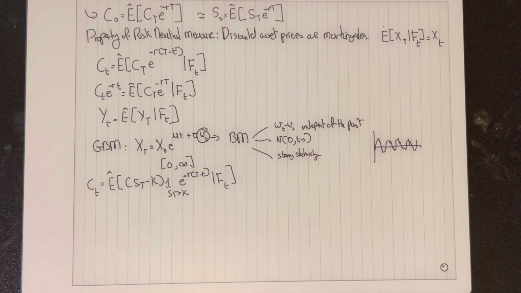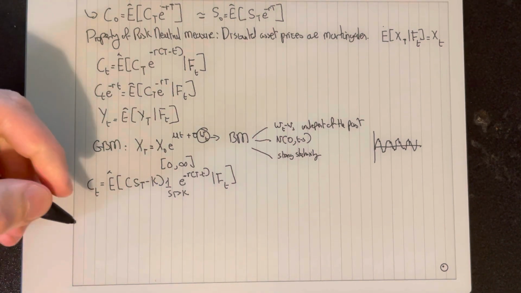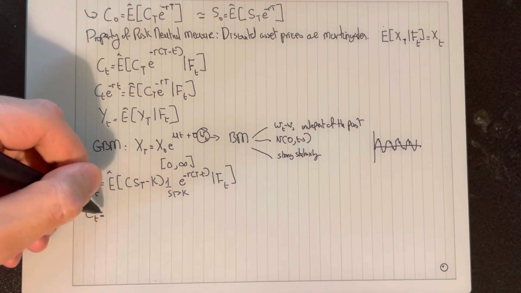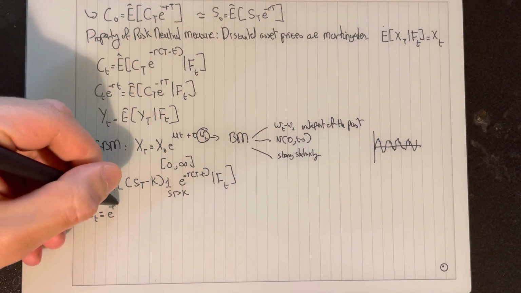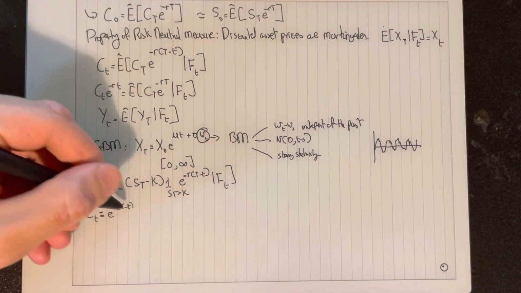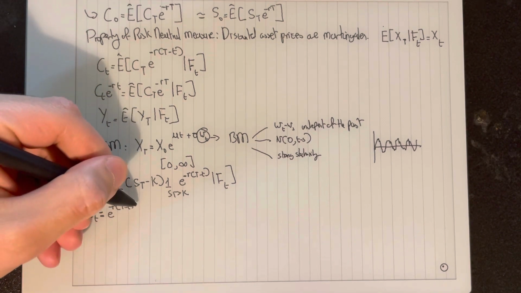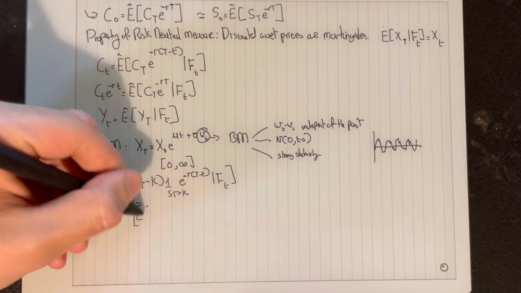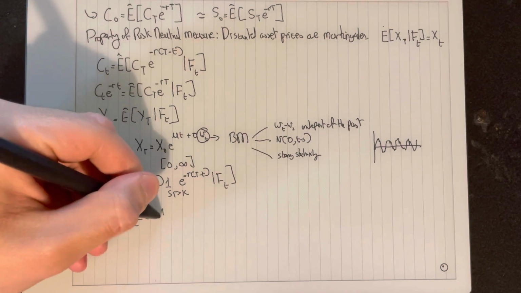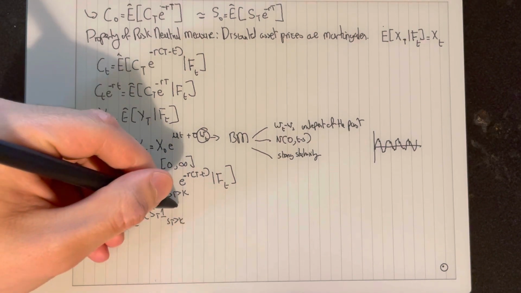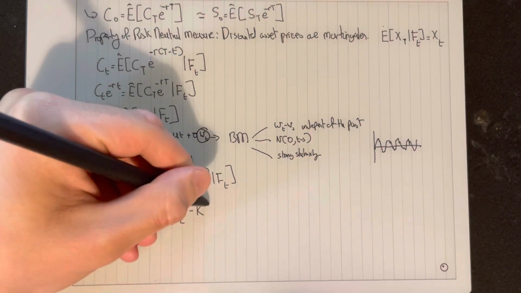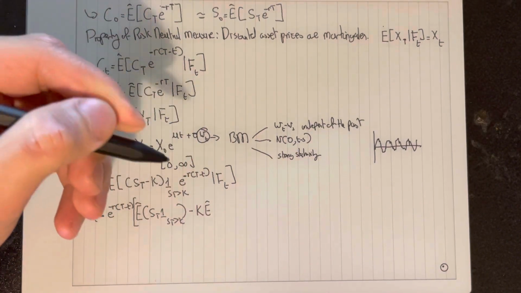So moving on, what we're going to do next is we will just simply split this out a bit further by taking e to the power of negative r multiplied by (T minus t), multiplied by the expectation of S_T, given that S_T is greater than K, minus K multiplied by the expectation.